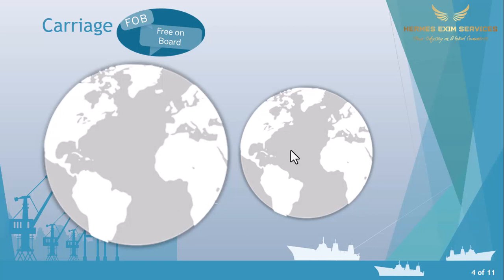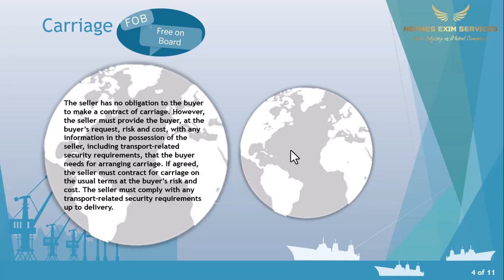Under FOB, the seller has no obligation to the buyer to make a contract of carriage. However, the seller must provide the buyer, at the buyer's request, risk and cost, with any information in the possession of the seller, including transport-related security requirements that the buyer needs for arranging carriage.